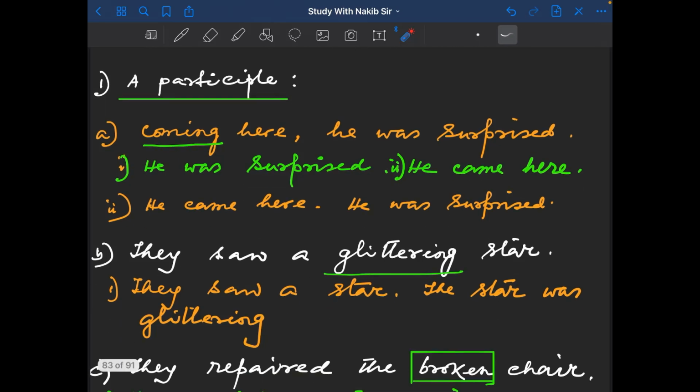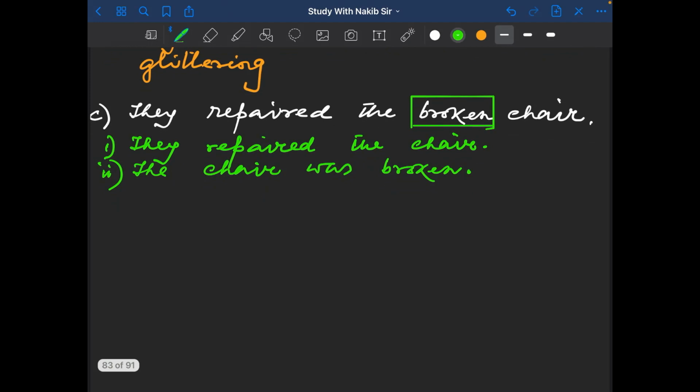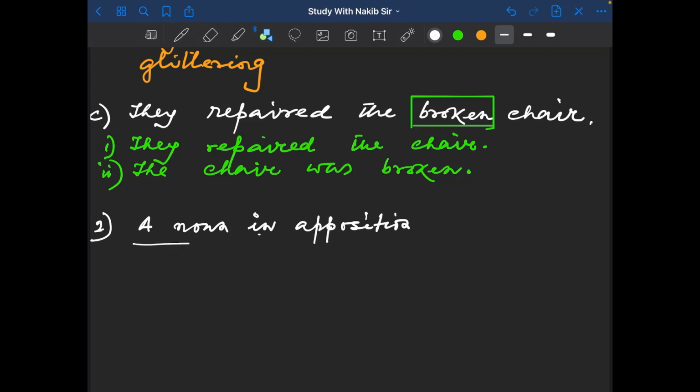Okay, now number 2, if you get a noun in apposition in a sentence, you know the term. If you get a noun in apposition in a sentence, for that noun in apposition you can make a separate sentence.